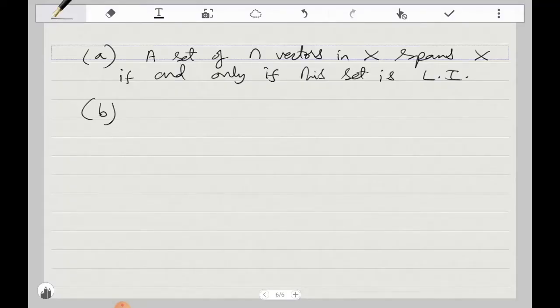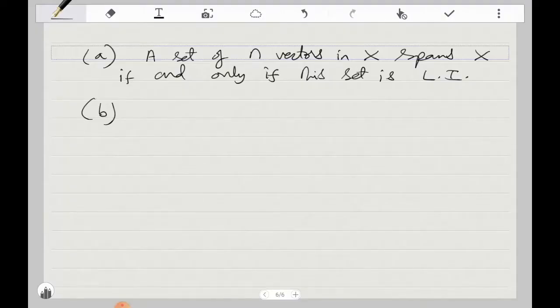Namely, if you want to check, for instance, if a set is a basis and we happen to know the dimension already somehow, then one has to check two things essentially.